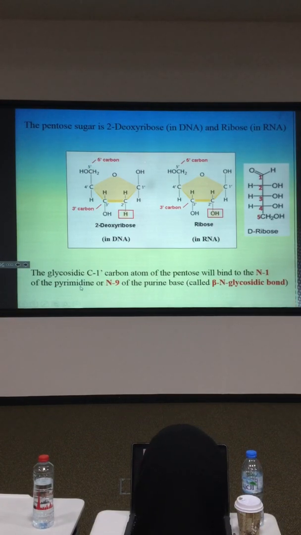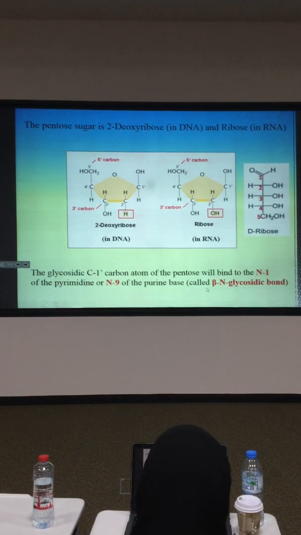So that's why I said to you, this is important. You have to remember: in the case of purine, N9; in the case of pyrimidine, N1, forming a bond with the C1 prime carbon of ribose, and this is known as glycosidic bond, right?